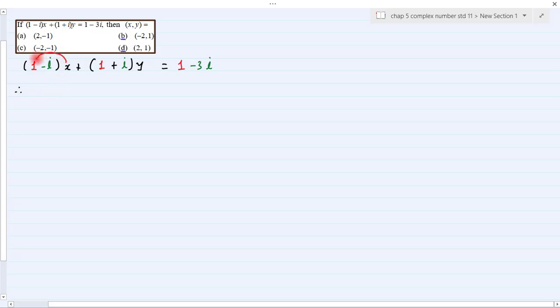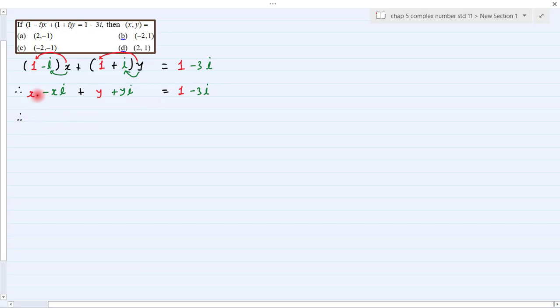This x multiplied with 1 will give us x, and x multiplied with minus i will give us minus xi, plus this y multiplied with 1 will give us y, and y multiplied with i will give us yi, is equal to our right hand side will remain as it is.